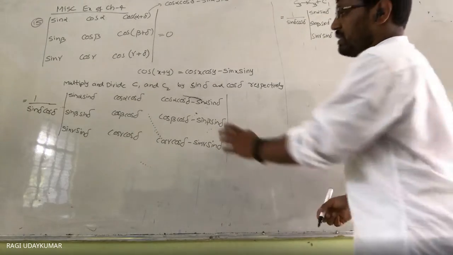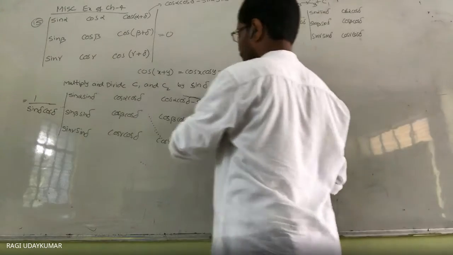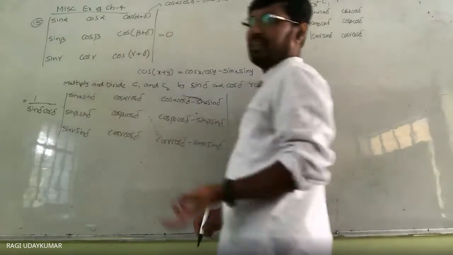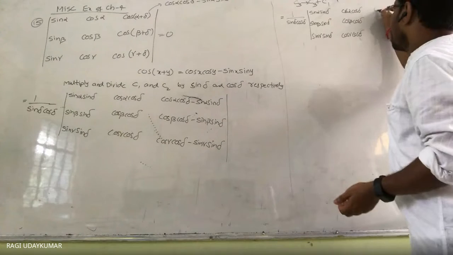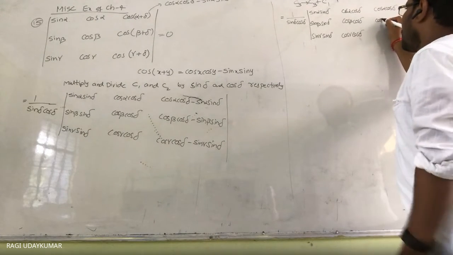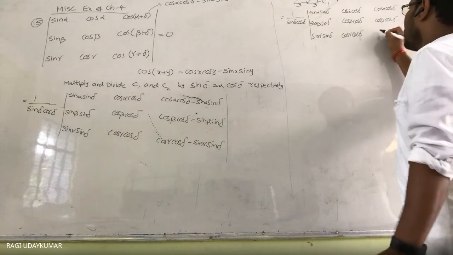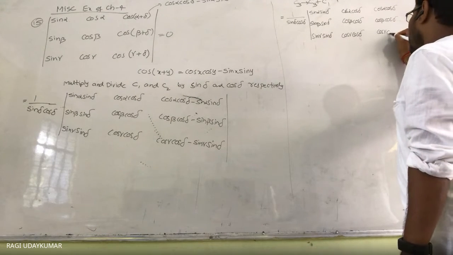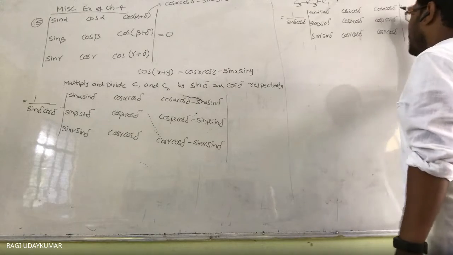Now if you add this and this, sin alpha sin gamma will get cancelled. We are going to get cos alpha cos gamma, cos beta cos gamma, cos delta cos gamma. Sorry, delta gamma.